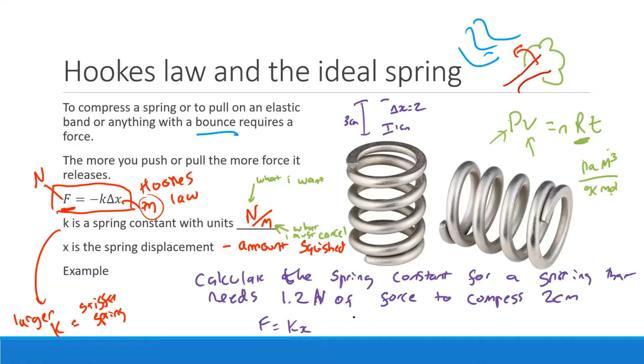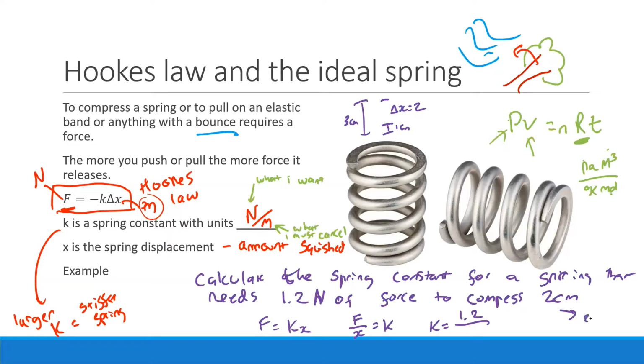So the force F divided by X is going to give you K. In this case, K is going to be the force of 1.2 divided by 2 centimeters. Now we can't use 2 centimeters because that is not in meters. We need to convert that to meters.